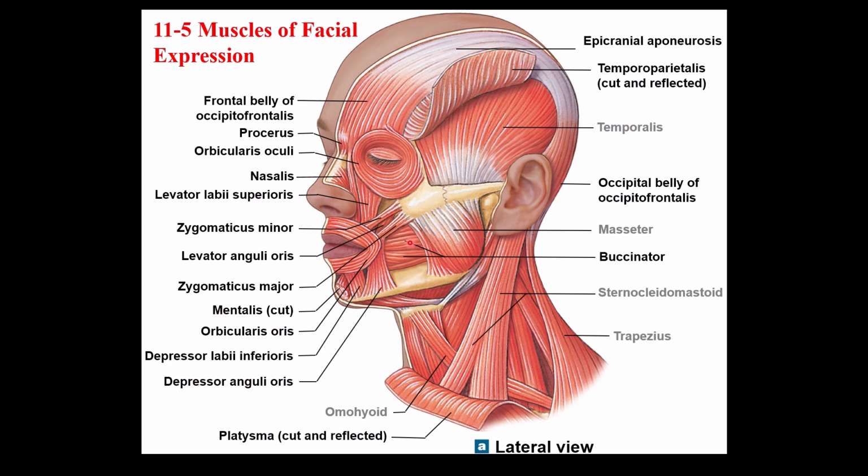This muscle is called buccinator, and that is tensing up the cheek, compressing the cheek, and that is important during swallowing when the food is moving toward the cheek. So this muscle contracts, and the food goes back toward the teeth, so it can be chewed properly.